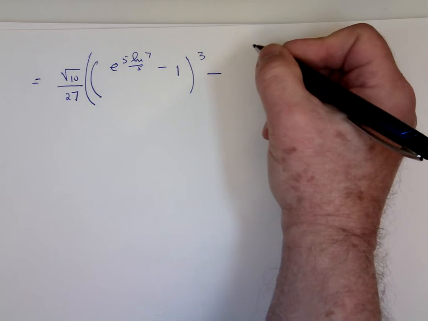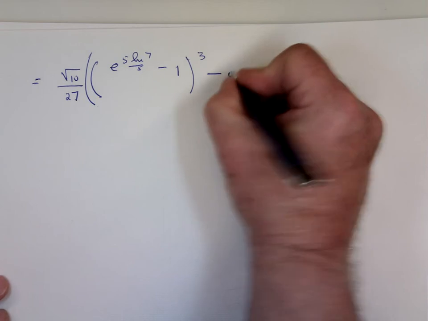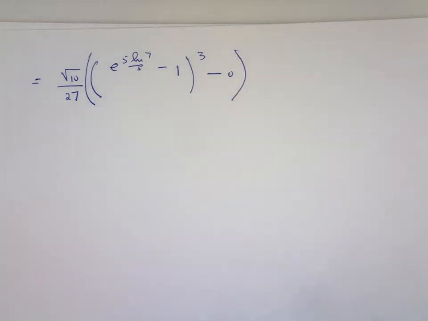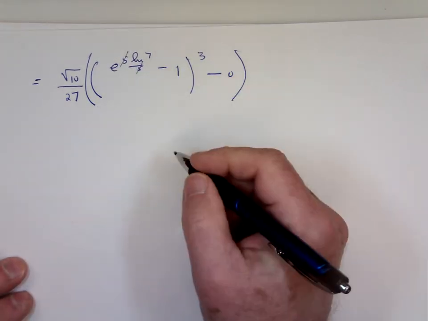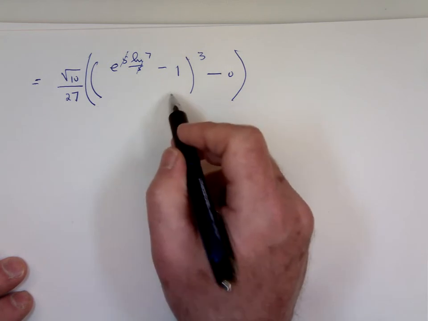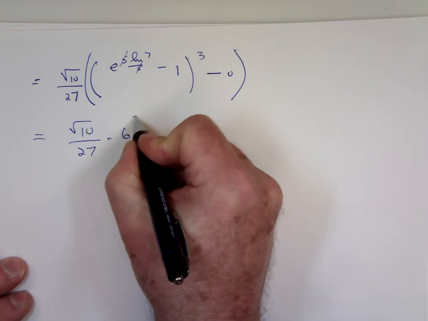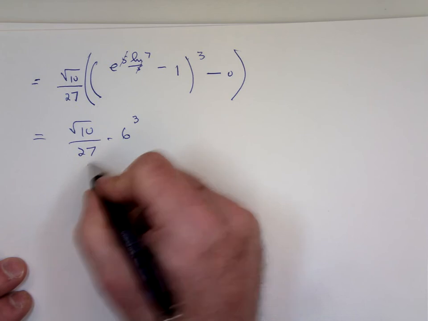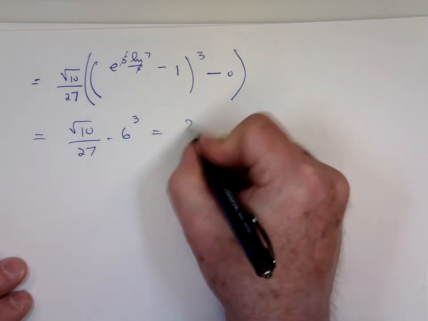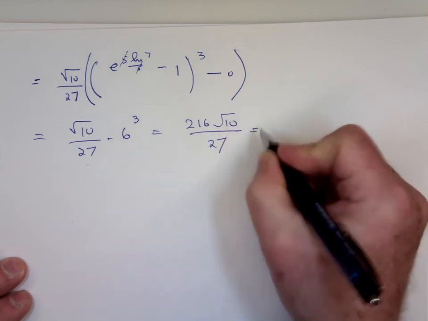Each of the zeros 1, minus 1 is 0. Okay, I think that's what happens there. Okay. 5s cancel. What's each of the natural log of 7? 7 minus 1 is 6. This is 6 cubed over 27. 6 cubed is 216 times square root of 10 over 27. And 27 goes in there 8 times.